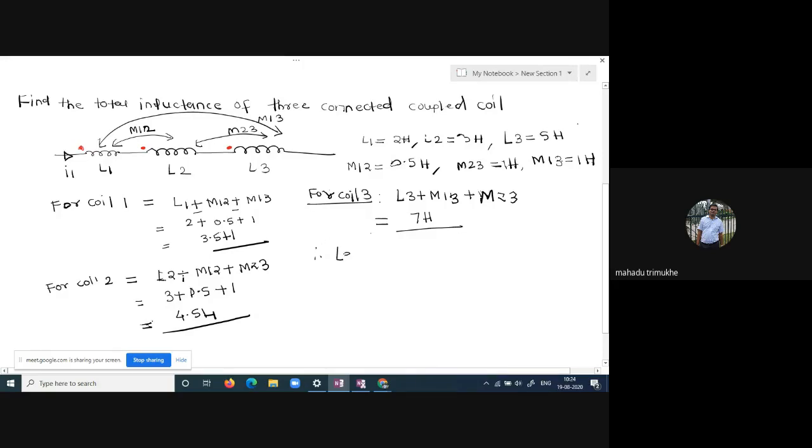L equivalent is equal to 3.5 plus 4.5 plus 7, that is 15 Henry, the net equivalence of this given example.